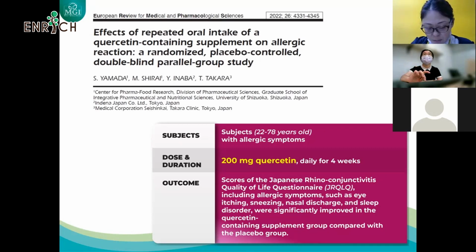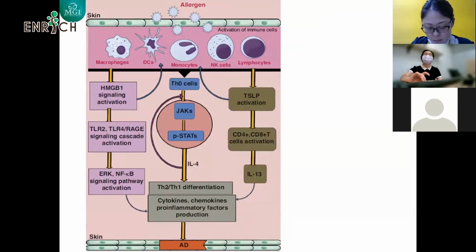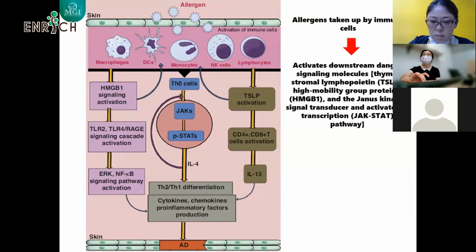the placebo group. So generally, this is how a skin allergy reaction pathway would happen. First of all, the allergen will be taken up by immune cells, which activates downstream signaling molecules of the thymic stromal lymphopoietin, high mobility group protein HMGB1, and the signal transducer and activator of transcription pathway.